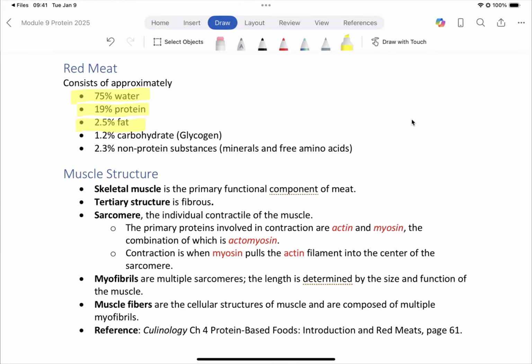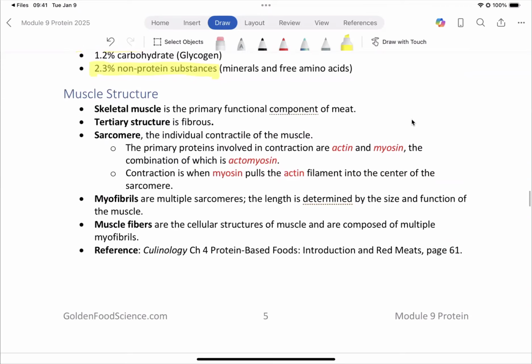Actually, right out before rigor mortis it has about 1.2% carbohydrate, but the process of rigor mortis really consumes that carbohydrate, the glycogen, so it can be quite a bit less. And then, of course, it has some minerals in it, some iron and other minerals that are about 2.3%. So that's for red meat.